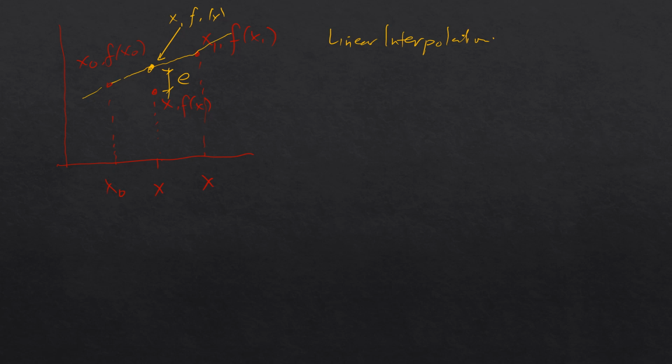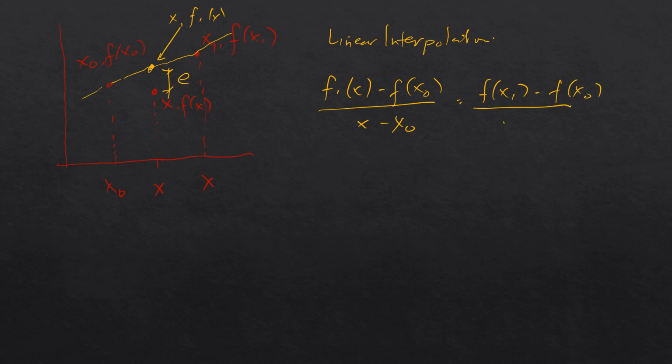By similar triangles, we have f1 of x minus f of x0 all over x minus x0 equal to f of x1 minus f of x0 all over x1 minus x0. So we have this triangle, this triangle.